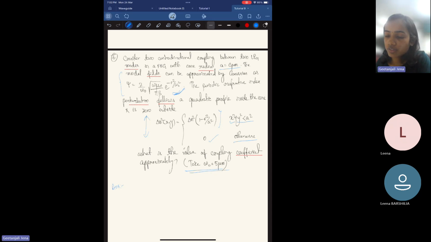So how can you approach this one? Just use the expression of kappa. Another expression of kappa is K0 squared sigma over 4 beta 1.